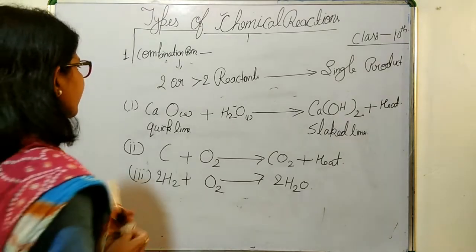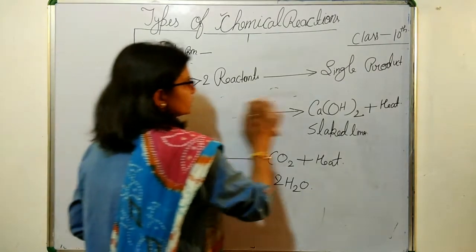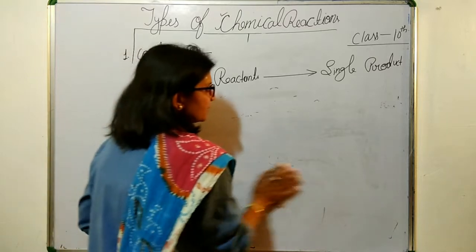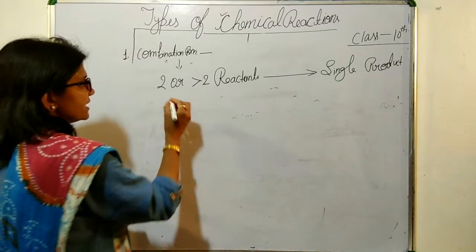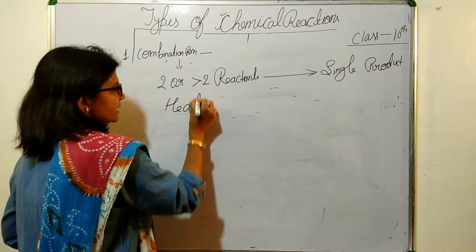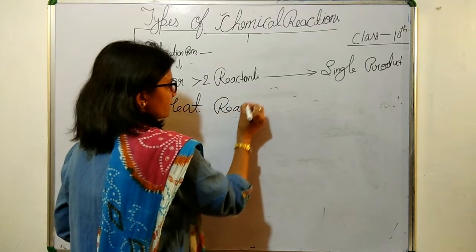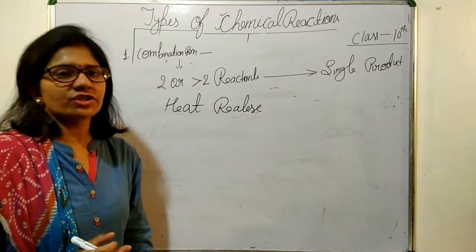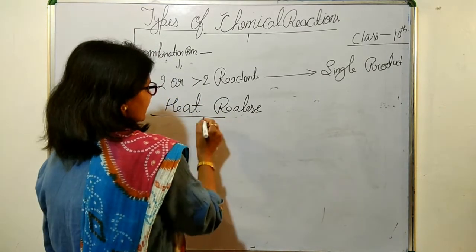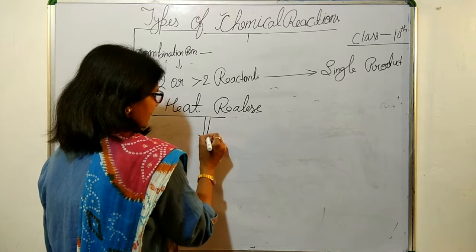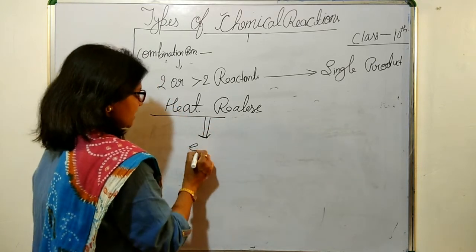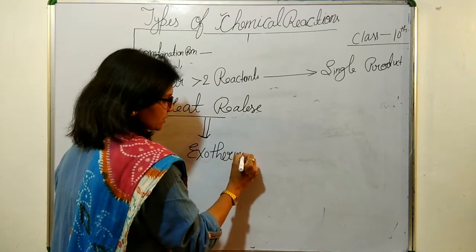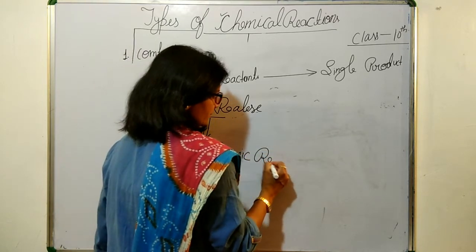One more thing we can observe is that in most combination reactions, there is a release of heat. Any reaction in which heat is released is known as an exothermic reaction.